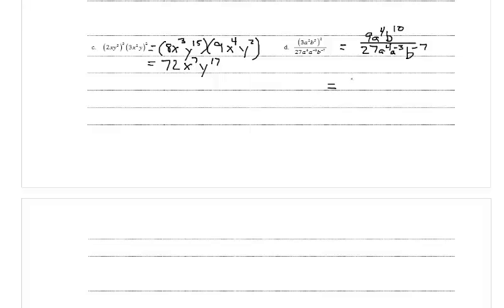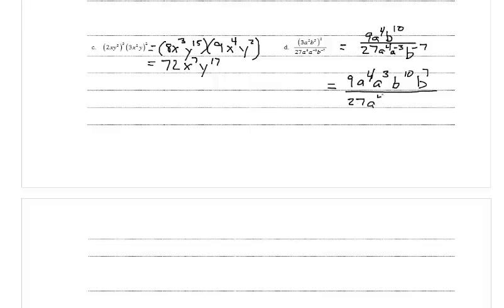So I have 9 times a to the fourth, and then a to the third, representing the a to the negative third that was in the denominator, b to the 10th, and b to the 7th, which is the b to the negative 7 from the denominator, divided by 27 a to the fourth.